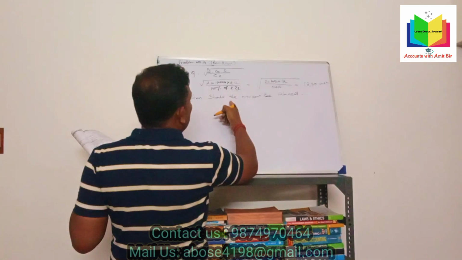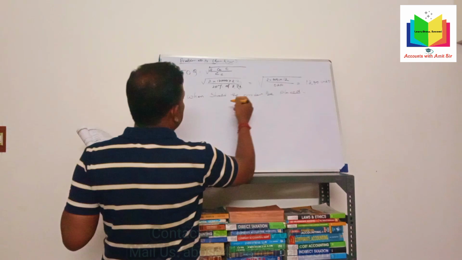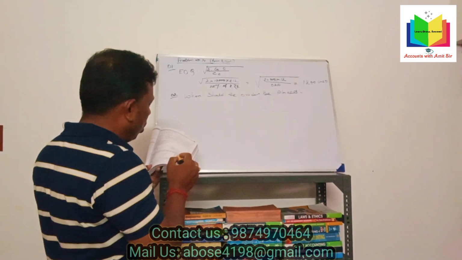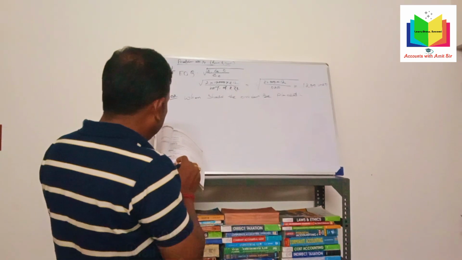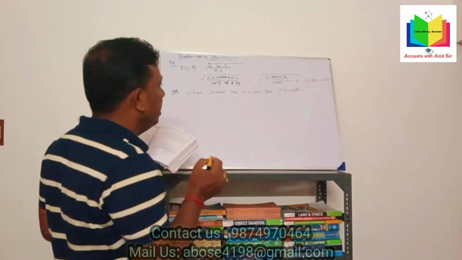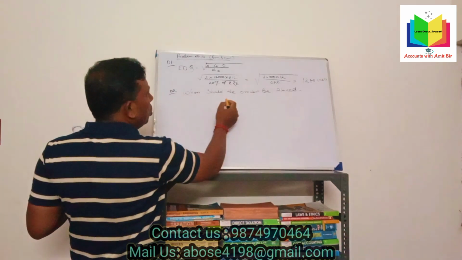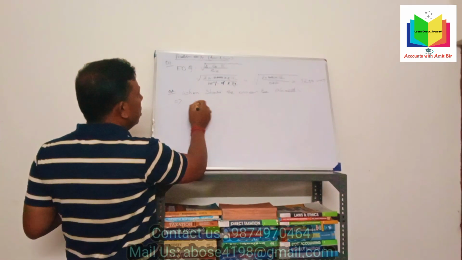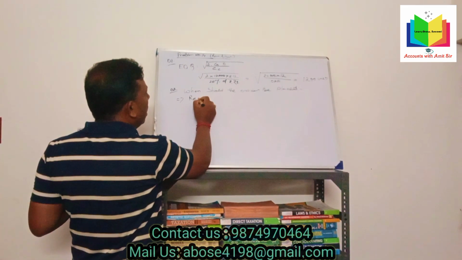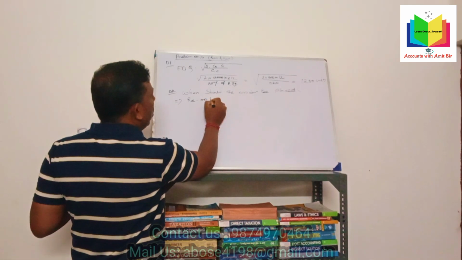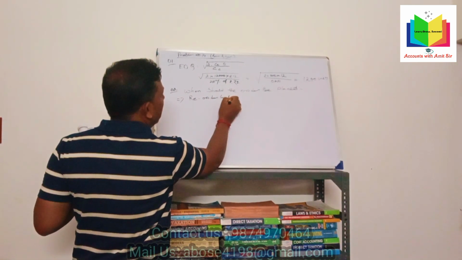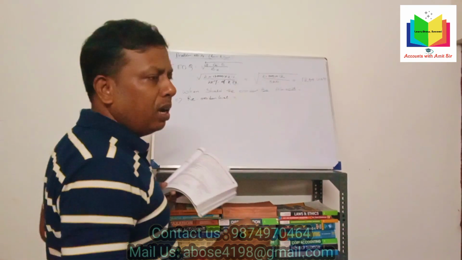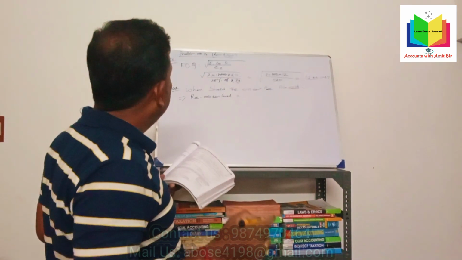Here the safety stock is 30 days and normal lead time is 15 days. When should the order be placed? For calculating, we first find out the reorder level.